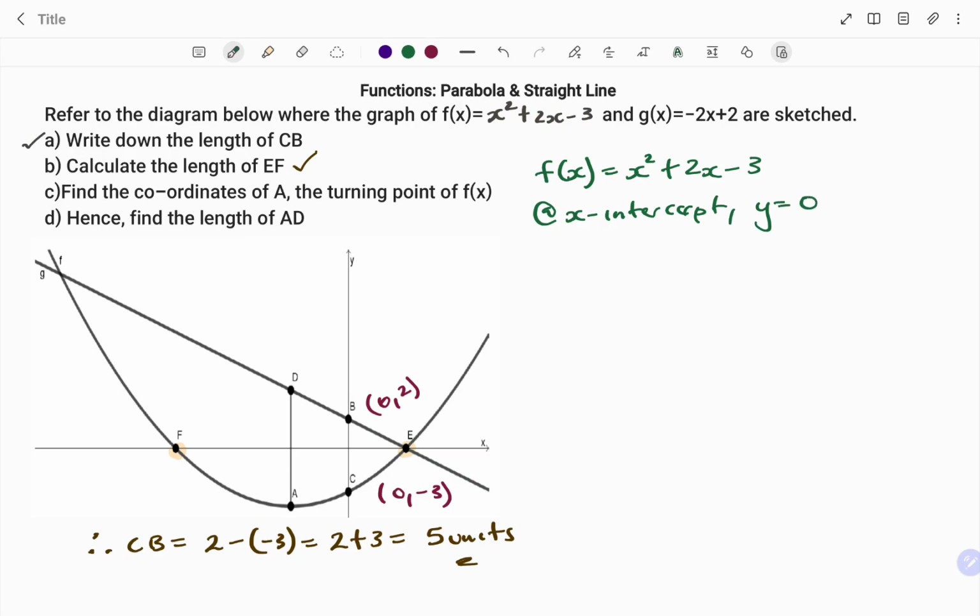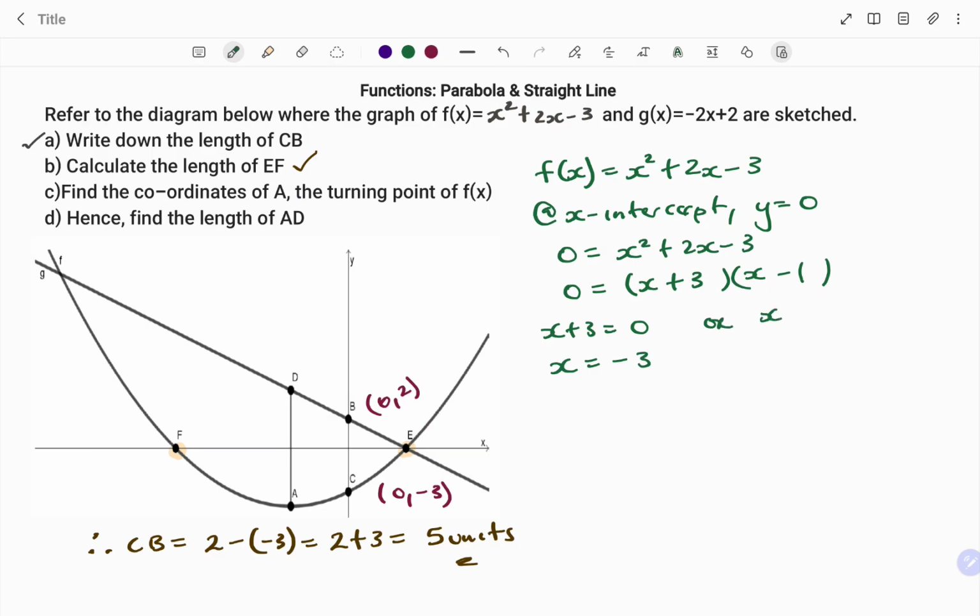So we're going to equate the parabolic equation to 0. So we have 0 equals x squared plus 2x minus 3. If we factorize, we have 0 equals, open two brackets, x plus 3 and x minus 1. Therefore, x plus 3 equals 0, so x equals negative 3, or x minus 1 equals 0, so x equals positive 1.